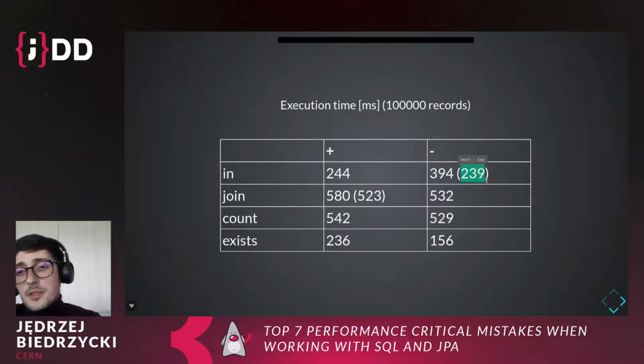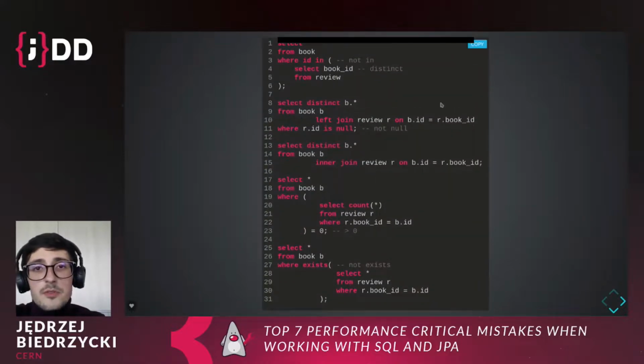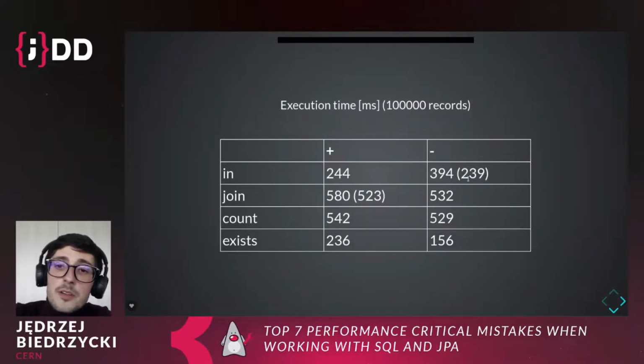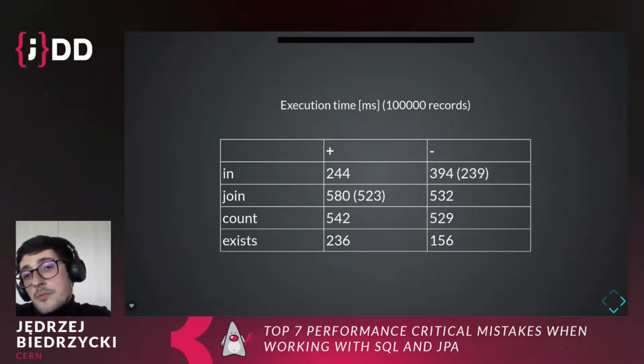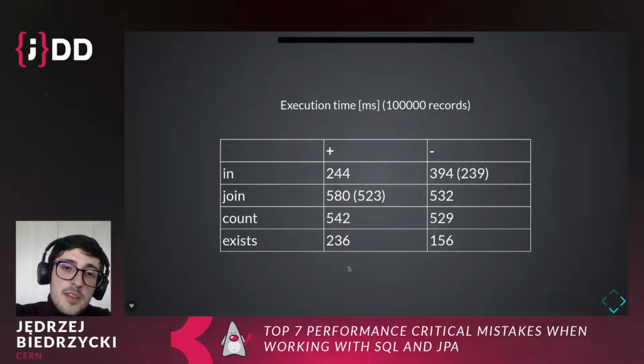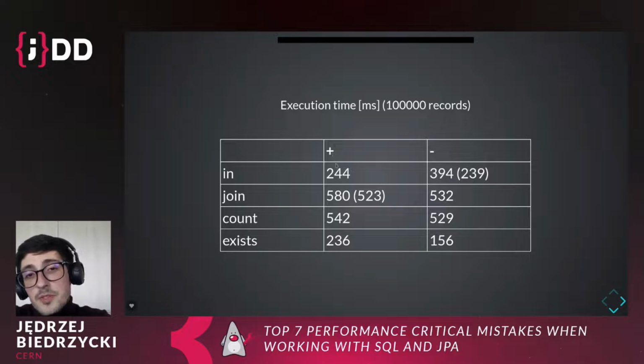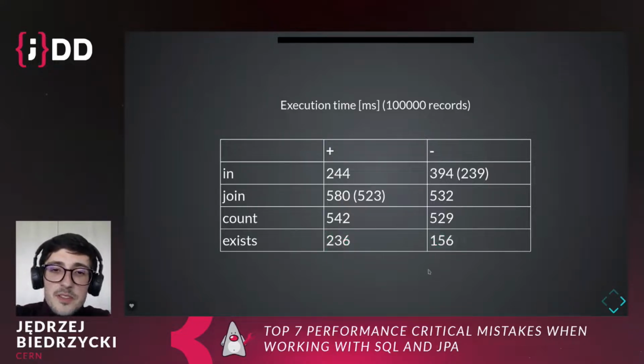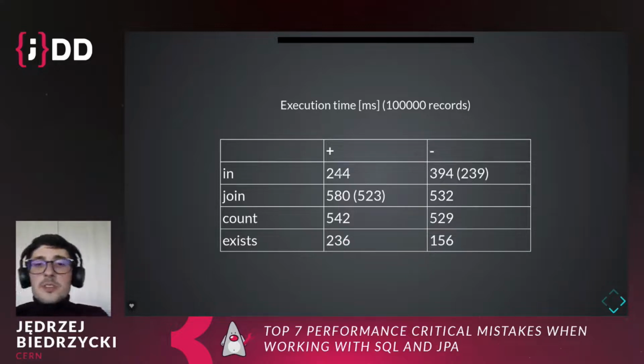If we use distinct, what is interesting here, if we select distinct book ID, it is a bit better, but still no match for exists. So we only see that the only good performance we get for in for a positive case, and for both cases in exists. And just if you're curious why in is good in this scenario, it is because Postgres translated it into exists under the hood.